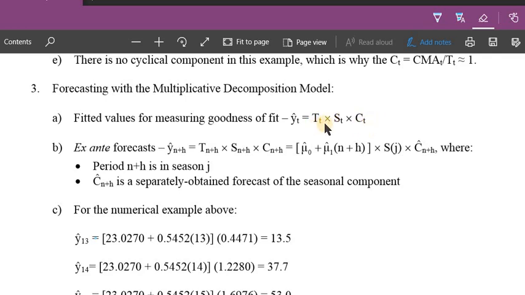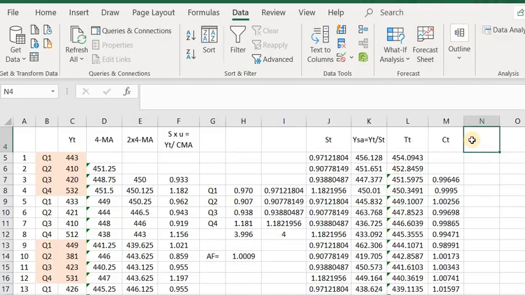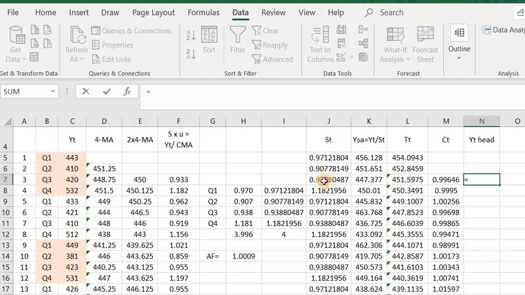So the fitted YT hat equals the seasonality multiplied by the trend multiplied by the cyclical, all three components.